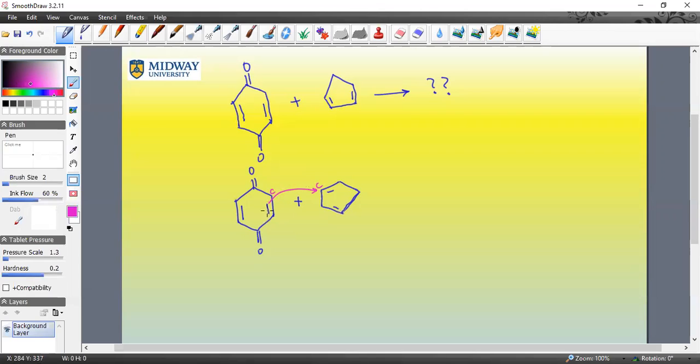This bond merely acts as a messenger, like I explained in the previous one. This bond comes over here, right? And this bond connects this carbon with this carbon. It's what you connect. You cannot just randomly connect bonds anywhere as you wish, okay?